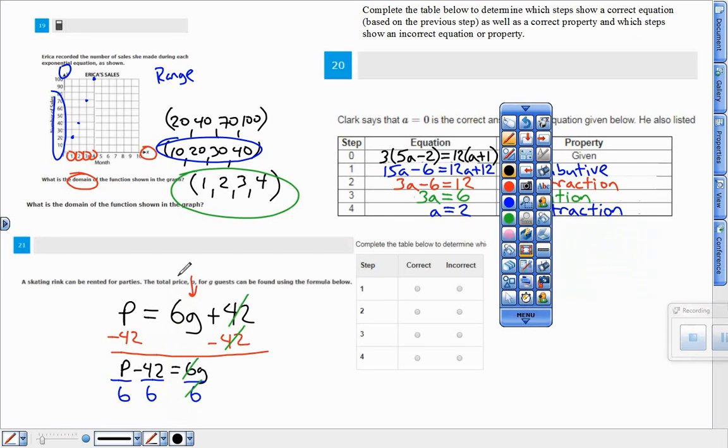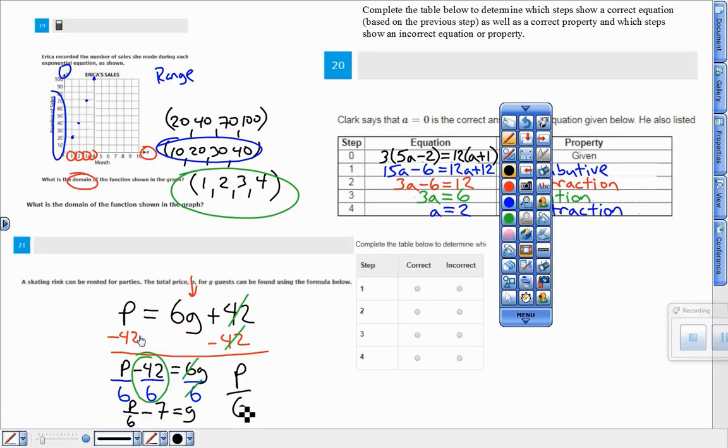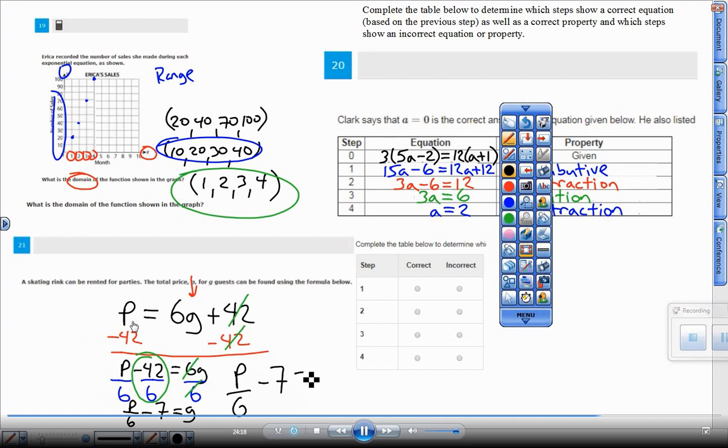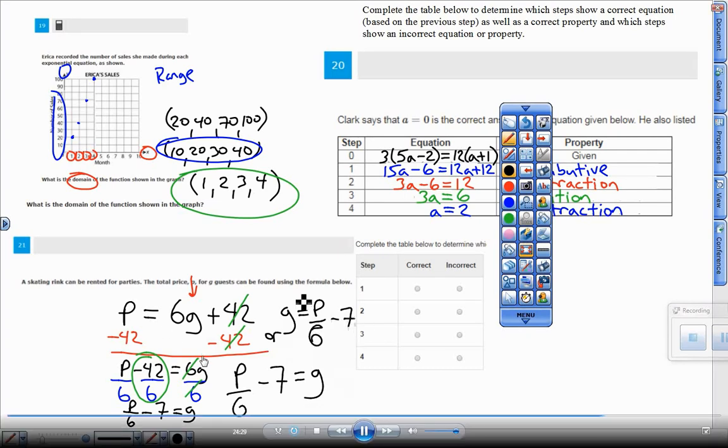And if I divide negative 42 by 6, it gives me negative 7. So these two numbers give me that negative 7 right here. P over 6, I leave p divided by 6. So the answer is g equals p divided by 6 minus 7. Or if you want to flip it around, g equals p over 6 minus 7.